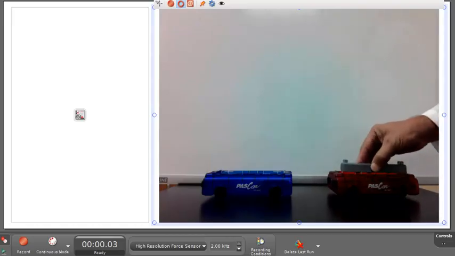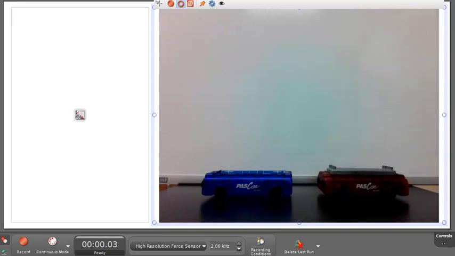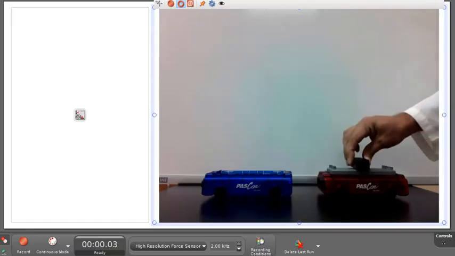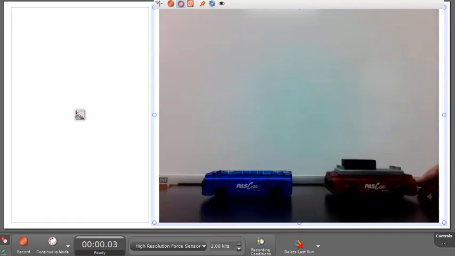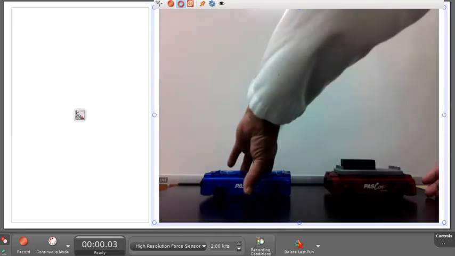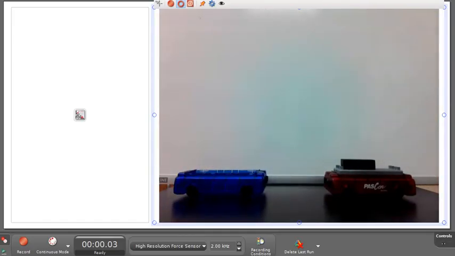Each of these is 250 grams, and I'm going to add more masses, which gives a total mass of 1 kilogram for the cart. So here's our moving van of 1 kilogram, and here's our sports car of 250 grams. So there's our equivalents there.